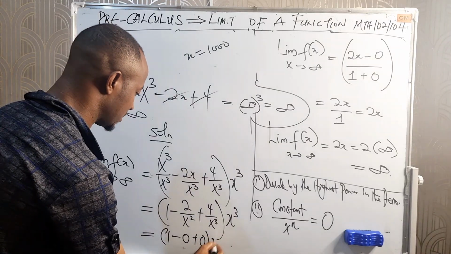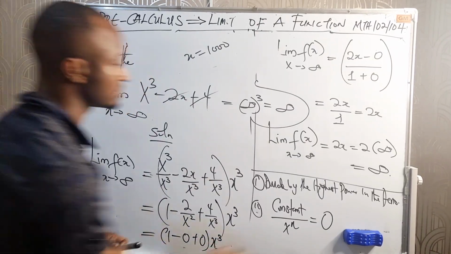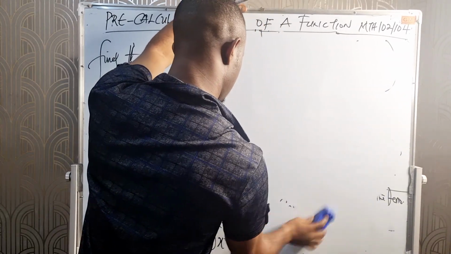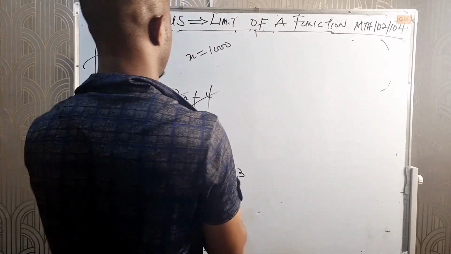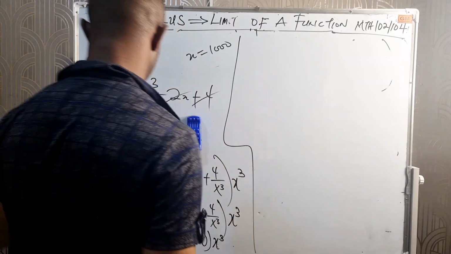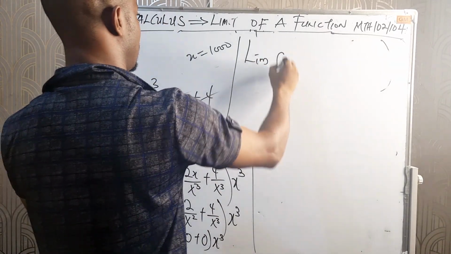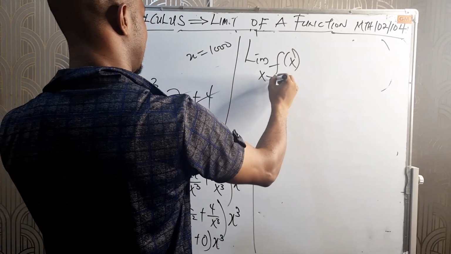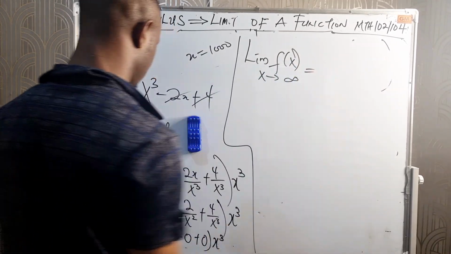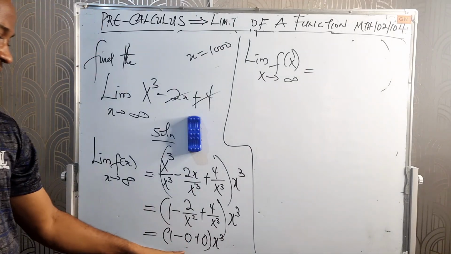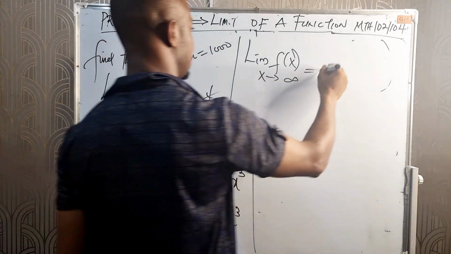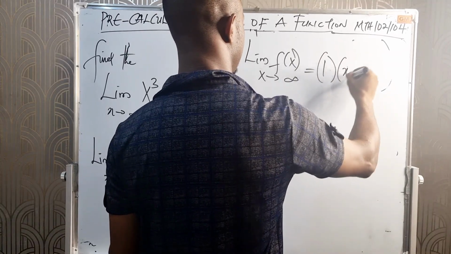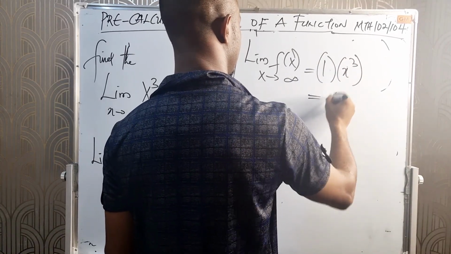So we have here times s cubed. So if that is the case, my limit of f of x as s is approaching infinity becomes 1 minus 0 plus 0, which is still 1, right? 1 times s cubed, which is the same as s cubed.